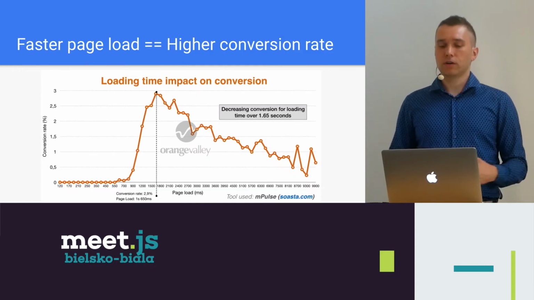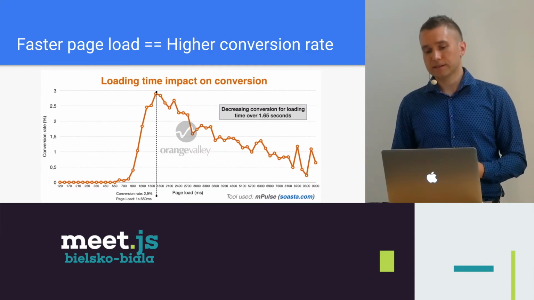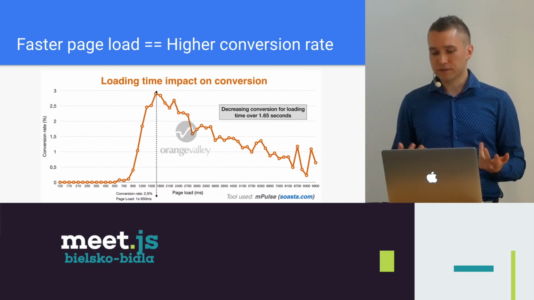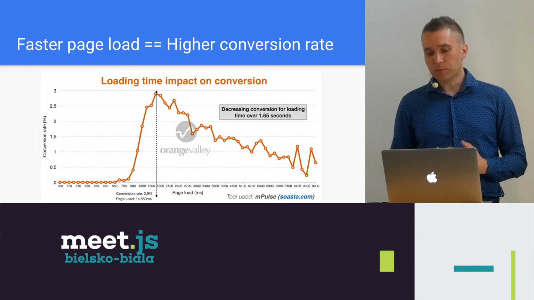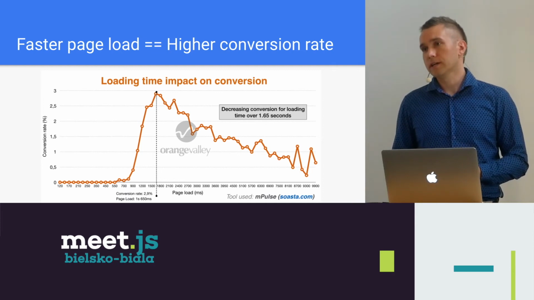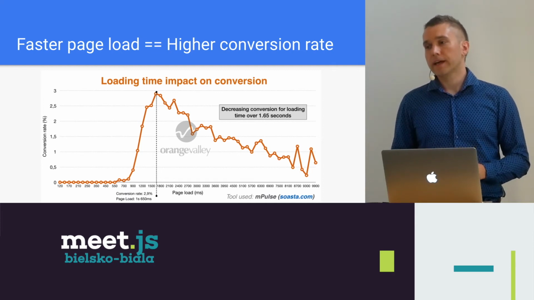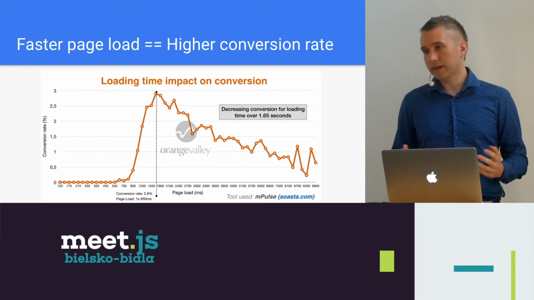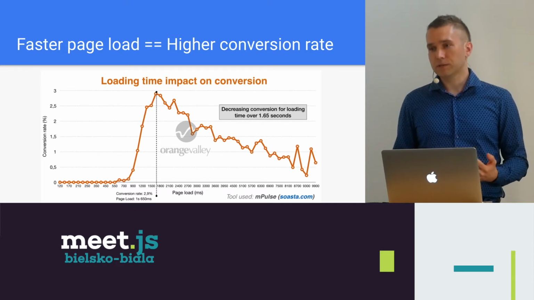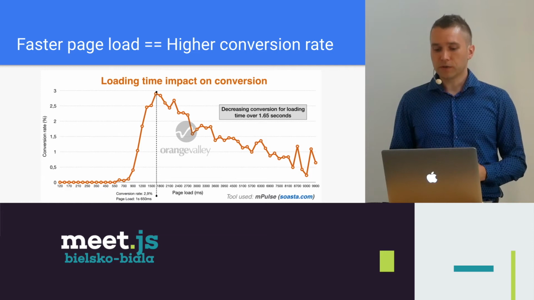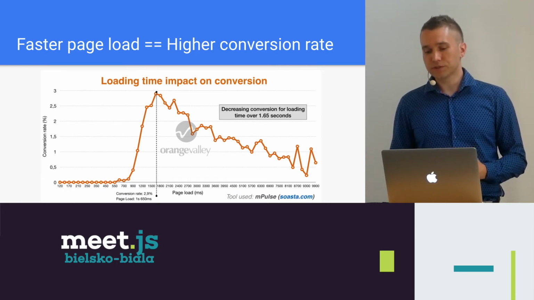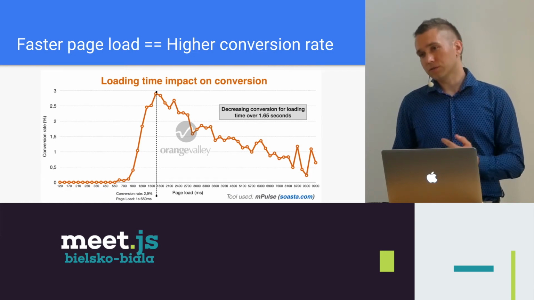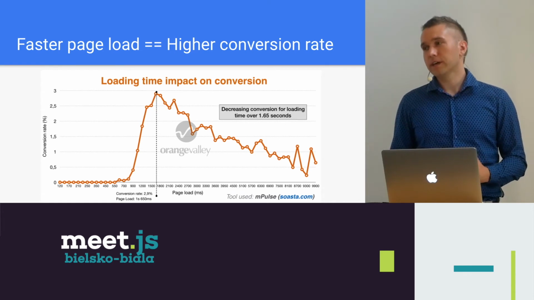Okay, so why are we making the site, or what is important in making a site? The most important thing is conversions. There is proof that the faster the website is, the higher the conversion rate is. This is why e-commerce and everyone at the moment are crazy about faster page loads, because users really don't convert that well if they have to wait.